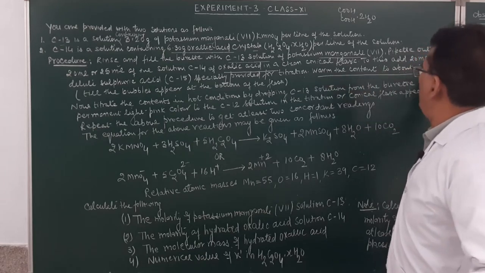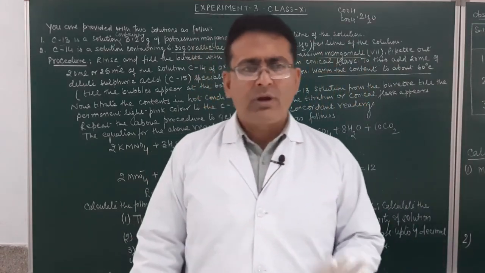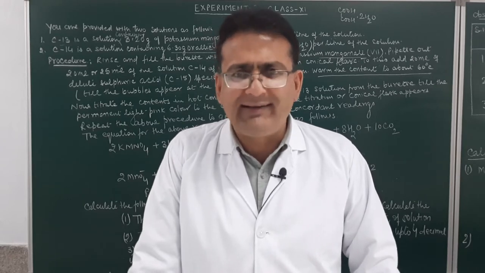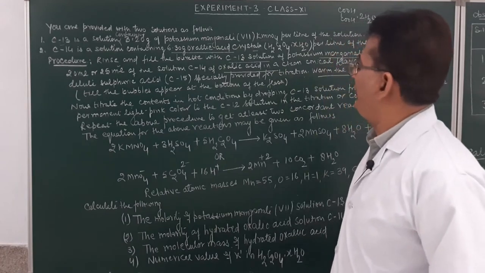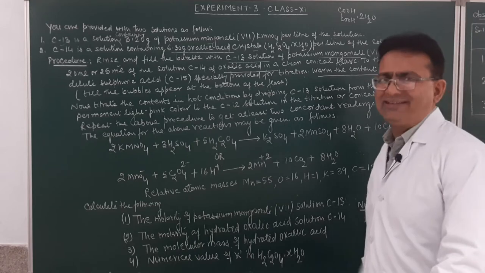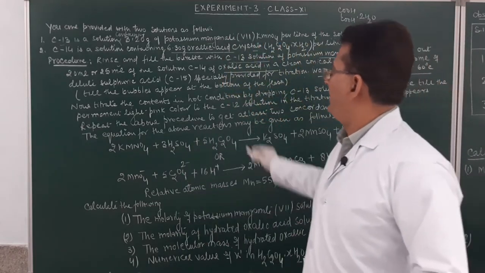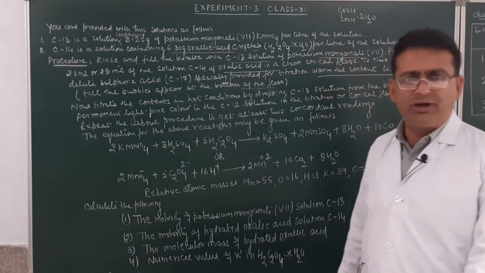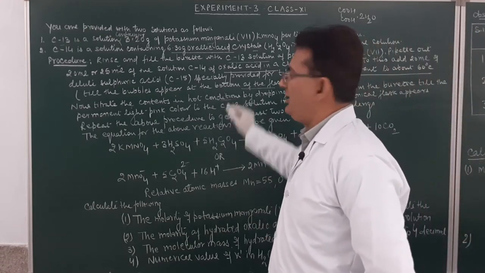Warm the content to about 60 degrees C. After pipetting out the oxalic acid in the flask and then adding sulfuric acid, which is C15, we have to heat the content to about 60 degrees C. We can measure the temperature by using a thermometer, till the bubbles appear at the bottom of the flask. Am I clear, students? Now titrate the content in hot condition.